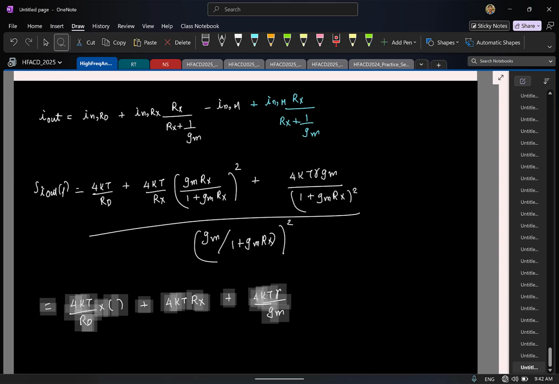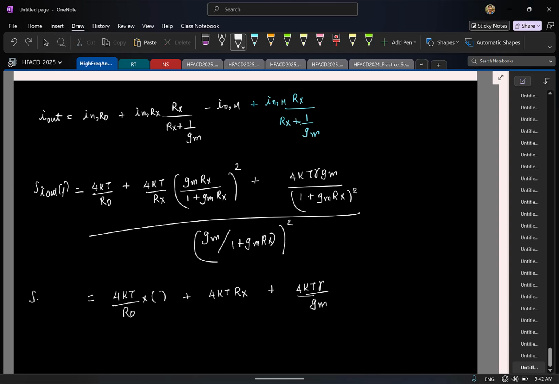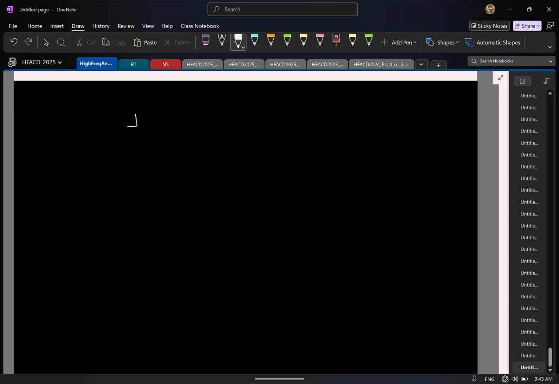Now here is where I would like to make a couple of points. Just look at the last term here. Let's understand why the last term makes sense first. If I take a MOSFET like this, I know that the noise in my MOSFET I can model using a current source.